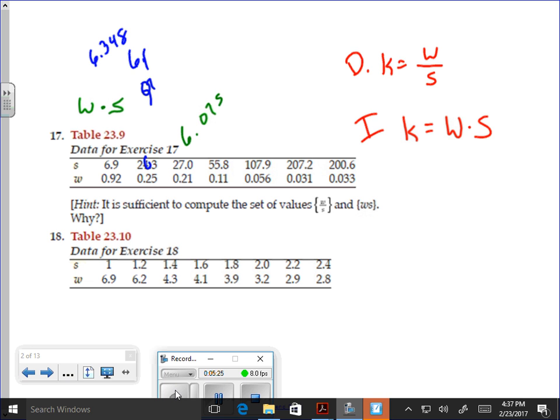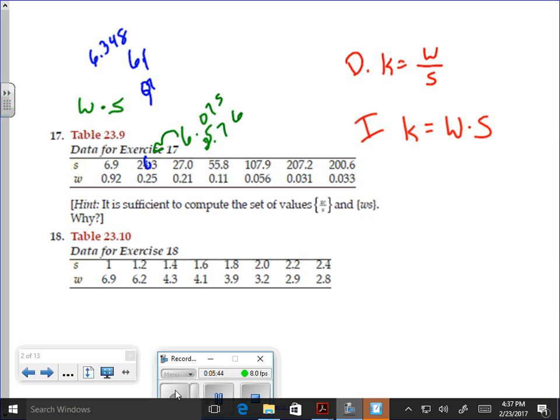Both of them round to 6. So let's try the third one. 27 times 0.21, I get 5.76, which still rounds to 6, so I'm still close.